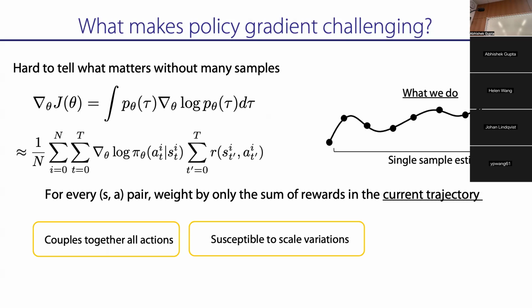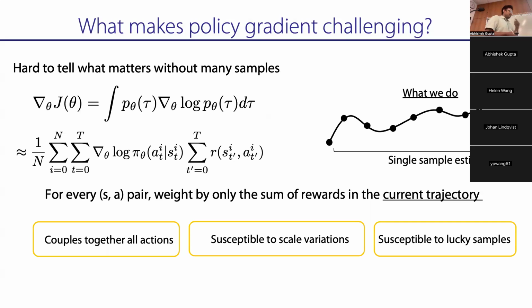So it's pretty susceptible to variations in scale. And lastly, if you have lucky samples, let's say you're in a stochastic environment and you accidentally chance upon something that's good, in a single sample estimate, it's going to believe that that is actually a really good course of action, even if it wasn't, right? And so you're really susceptible to lucky outliers.